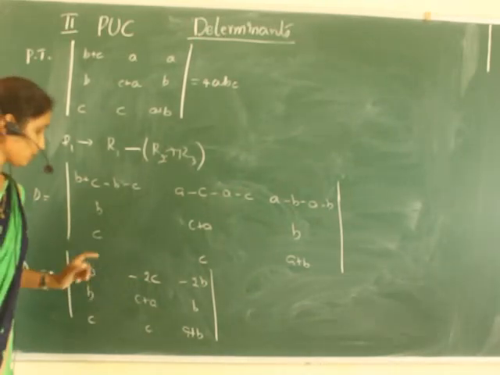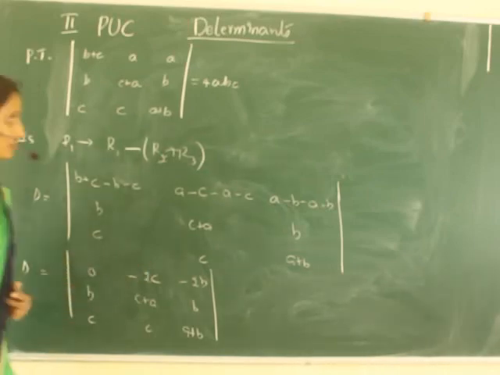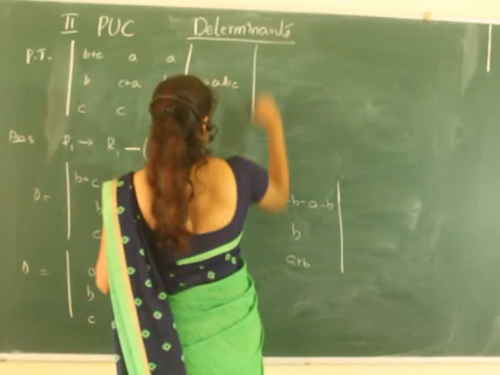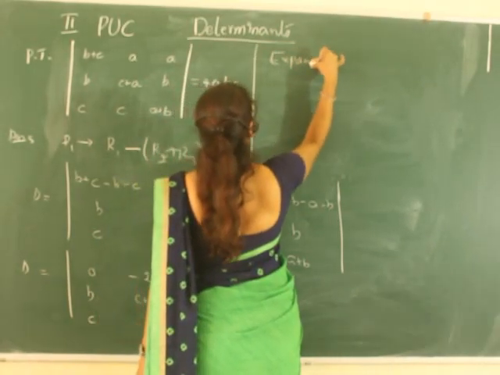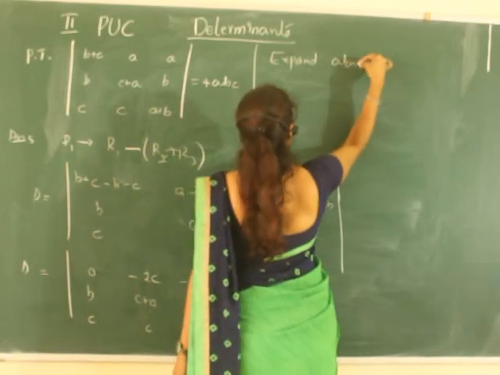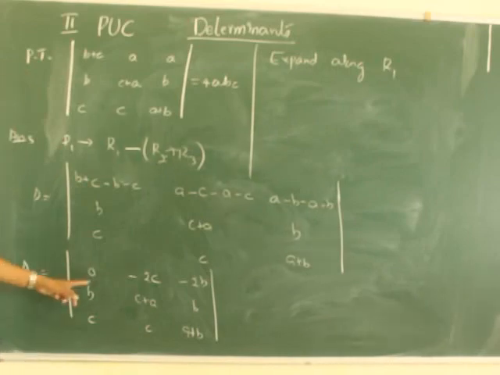I can take minus 2 common, or I can expand along R1 or C1, anyhow, because it has zeros.